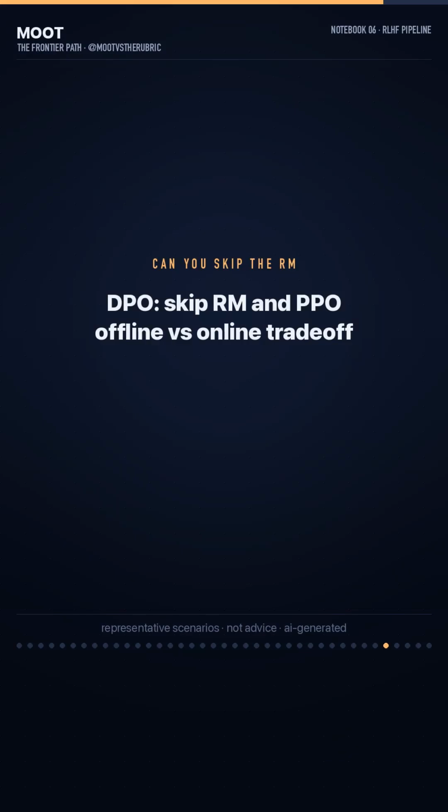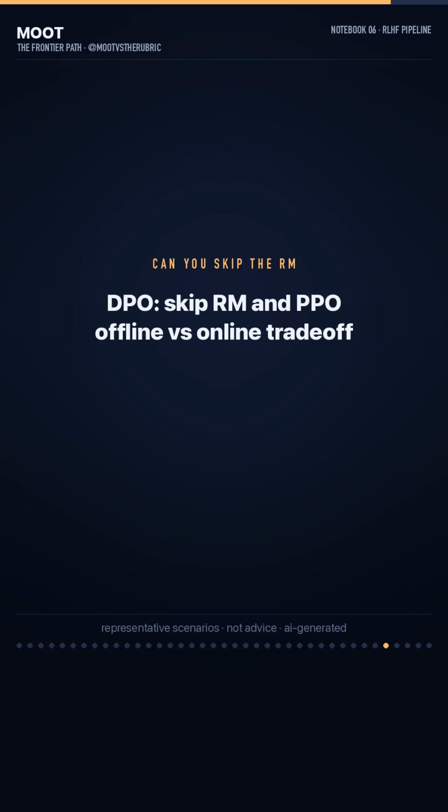Could you skip the reward model and PPO? Yes, that is direct preference optimization, DPO. Instead of training a reward model and then running PPO, DPO optimizes the policy straight from preference data, treating the language model itself as an implicit reward model. Its loss comes from the closed-form solution to the KL regularized RLHF objective.